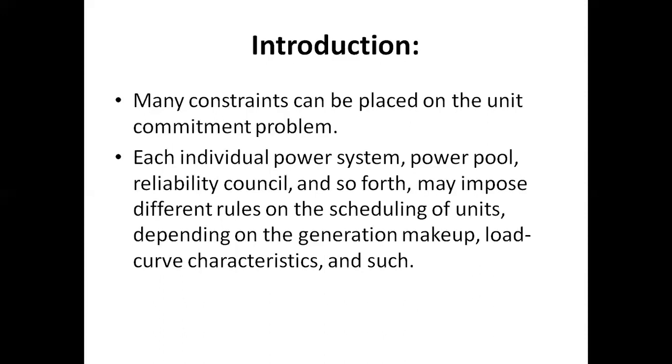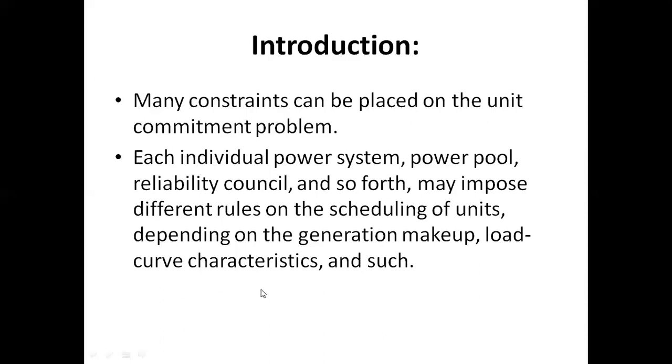So we are starting with the introduction. It is given that many constraints can be placed on the unit commitment problem. Each individual power system, power pool, reliability council, and so forth may impose different rules on the scheduling of units depending on the generation makeup and load curve characteristics.